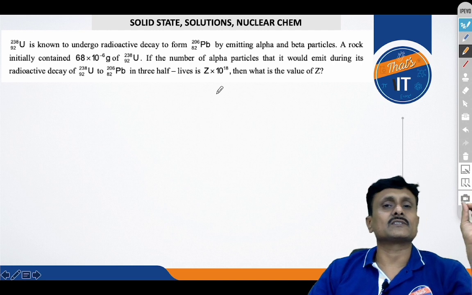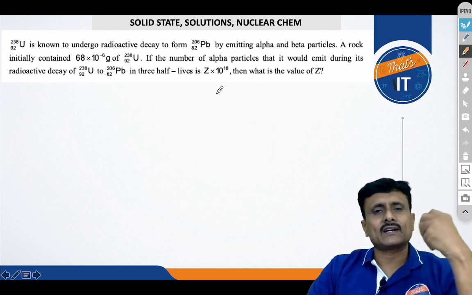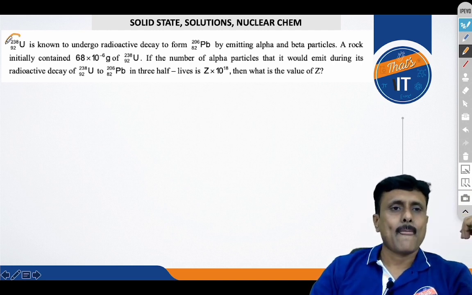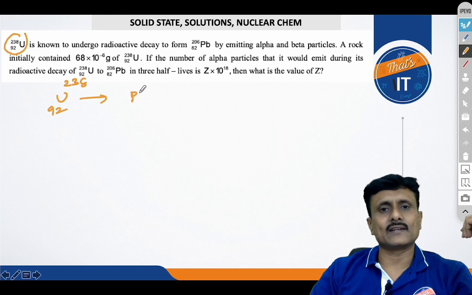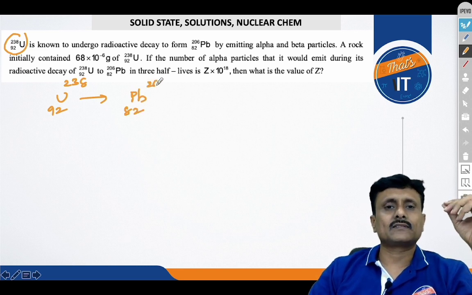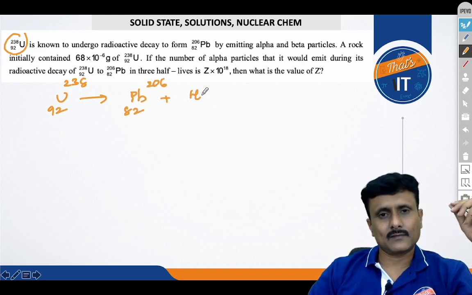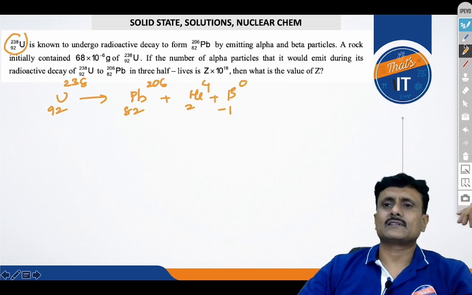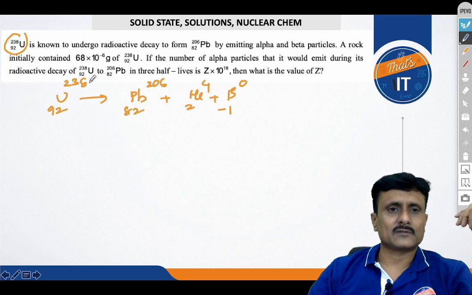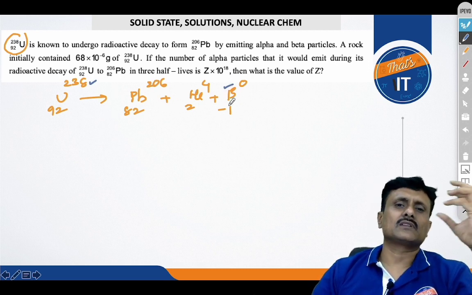Now you see the question is from nuclear chemistry or radioactivity. You can see that uranium 92-238 is undergoing decay to give you lead 82-206 plus alpha particle, and beta particles are also emitted, obviously. Like you have to balance with respect to the mass number, because that beta particle doesn't contribute to the mass number.